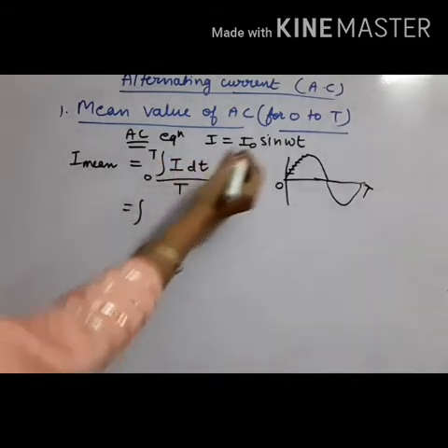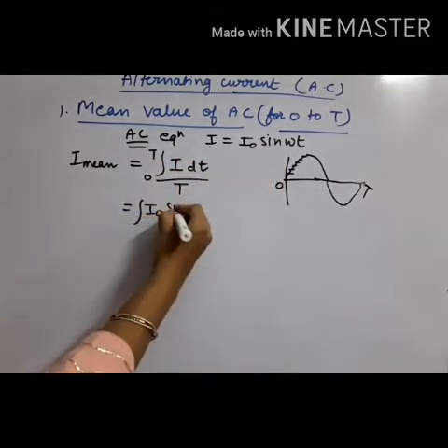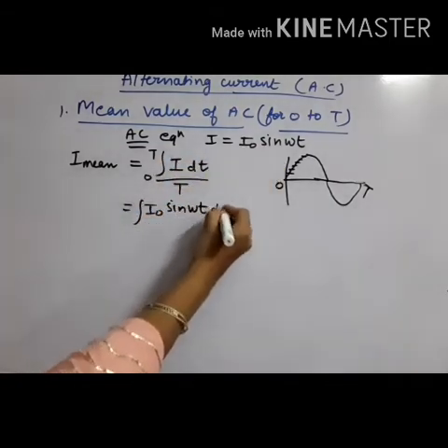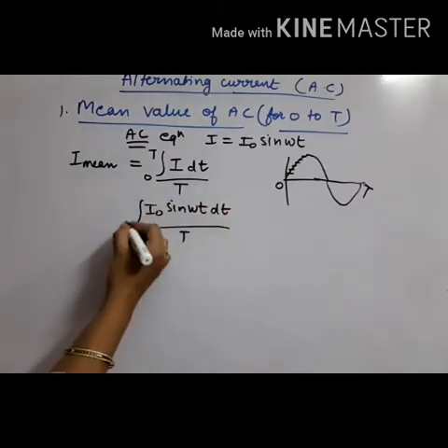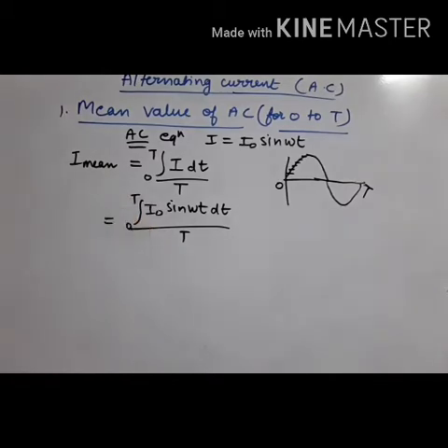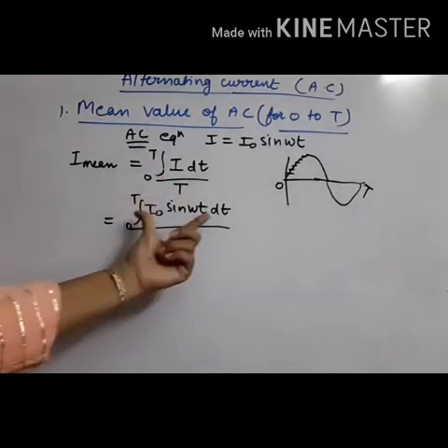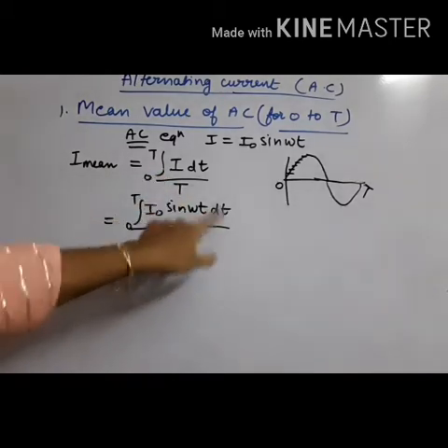So the I equation we have to put here, upon T, 0 to T limits. We have just substituted the I equation here. Now let us solve this integration.